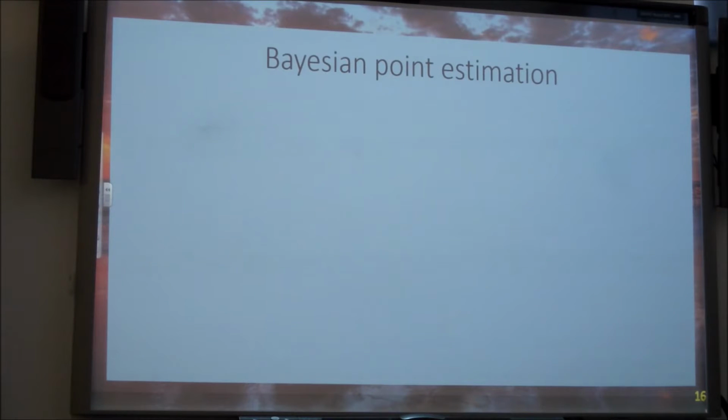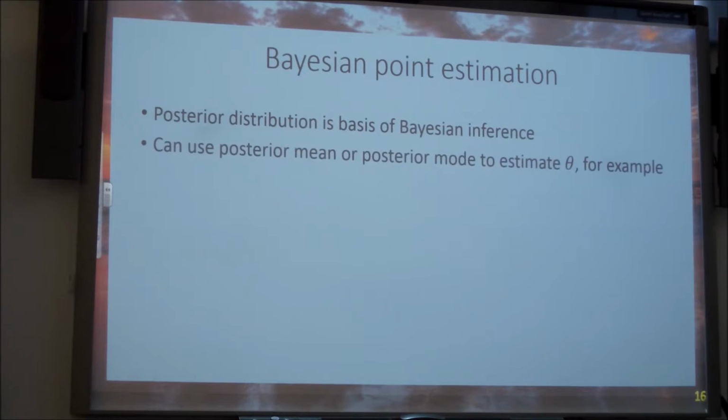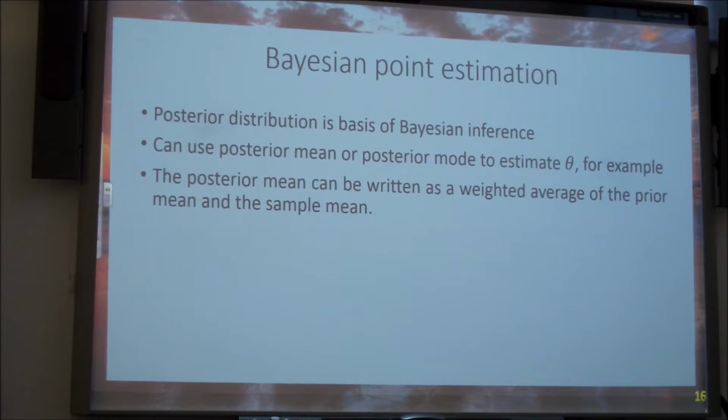Okay, so once we've got this posterior distribution, what can we do with it? So it underpins what we do in Bayesian inference, and we could use the mean of the posterior distribution or the mode to estimate theta. But the mean has a very nice property, because you can write it as a weighted average of the prior mean and the sample mean. So we can do this for our example.